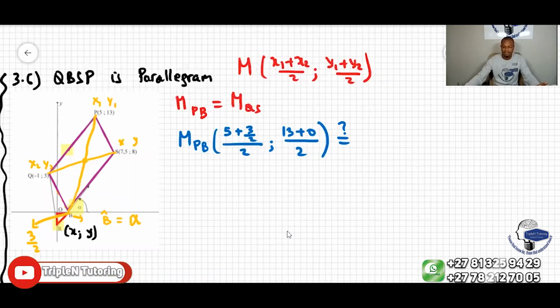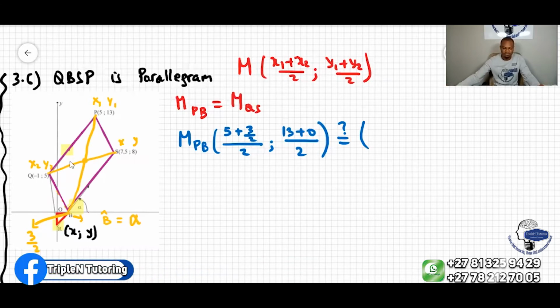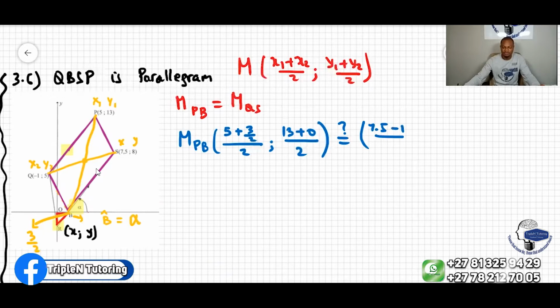So now we're going to check if this is equal to the midpoint of QS. For QS I'm going to use x1 as 7.5, so 7.5 plus minus 1 over 2, and then 8 plus 5 over 2.